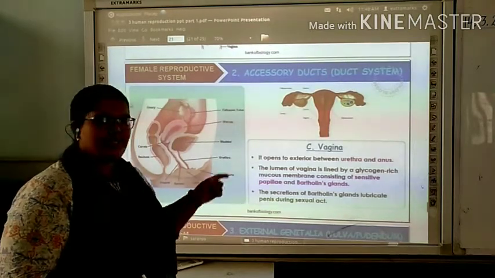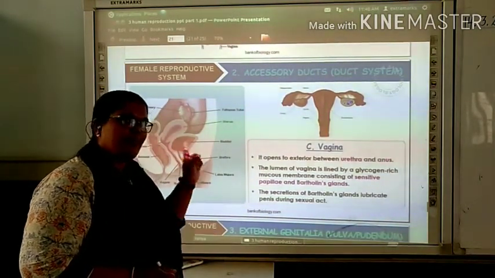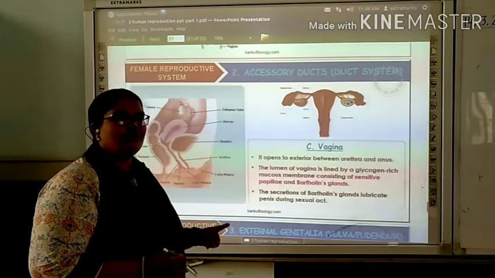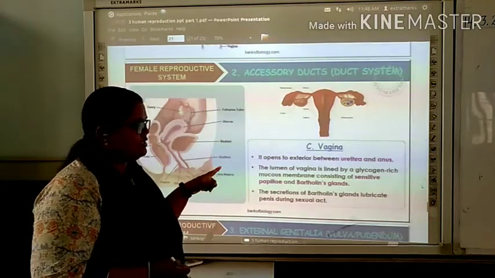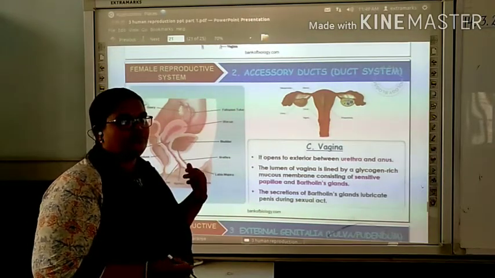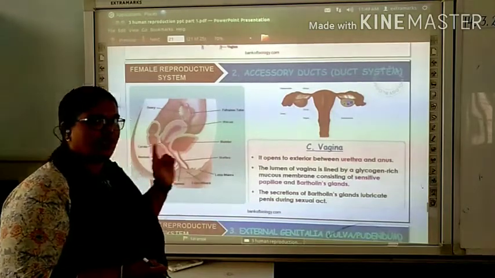In between there is an opening, that's the vagina. But what you have to remember, in male there is a common opening for urine and also for semen. Here it is entirely different. For urine there is another passage, and for copulation there is another passage.